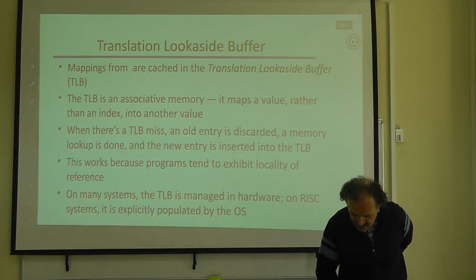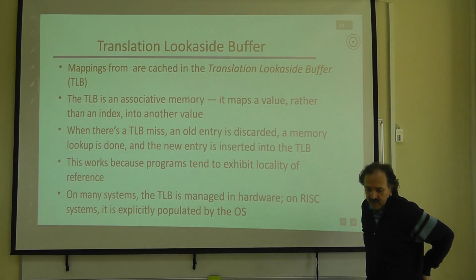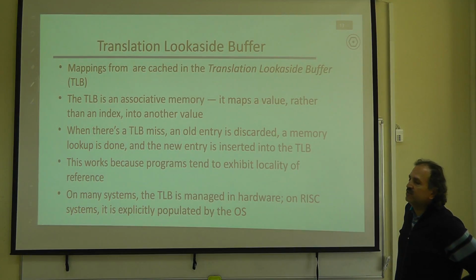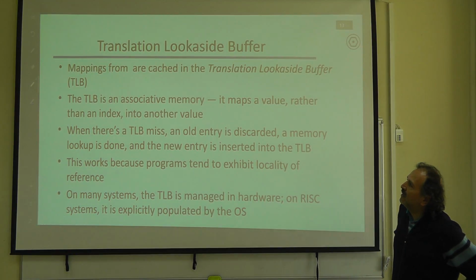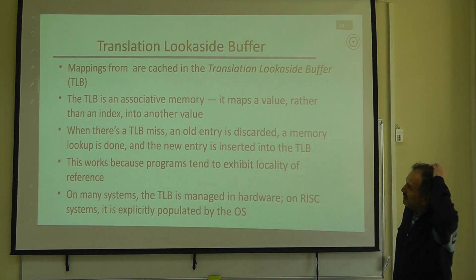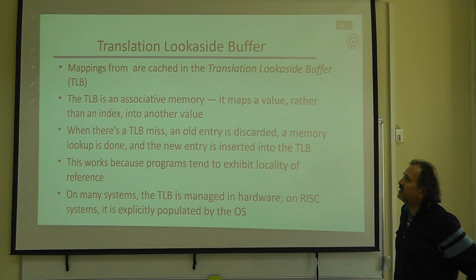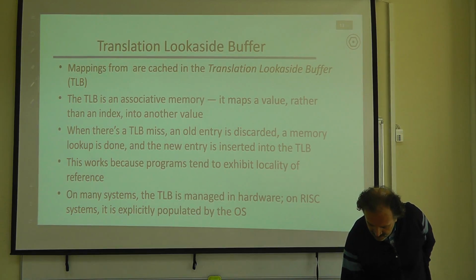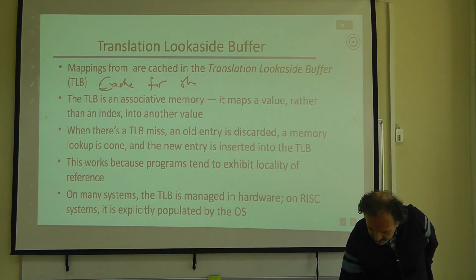So the solution is the translation look-aside buffer. It's a kind of cache for the page tables. Mappings are cached in the translation look-aside buffer, TLB. It's like the cache for the page tables.